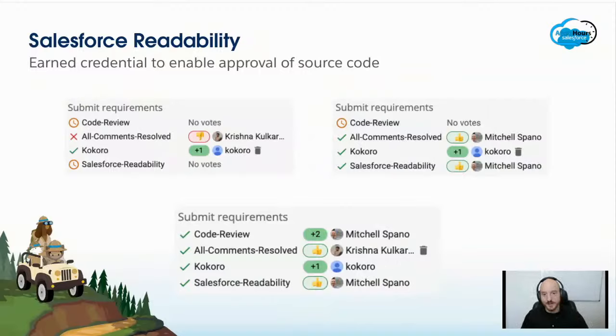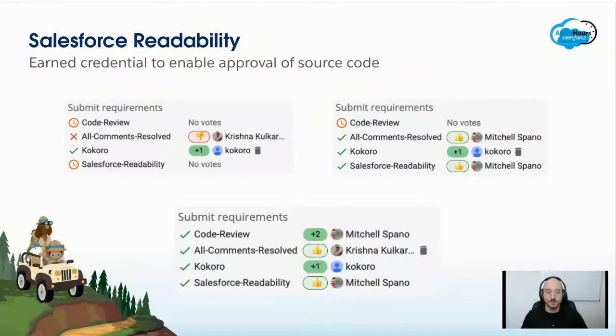Salesforce readability is a process, and basically our readability requirements are you need to have either the Advanced Apex Specialist Super Badge or the Platform Developer 2 certification, and you need to have written at least 400 lines of production Apex code. And we don't include things like comments, structs, or anything like that.